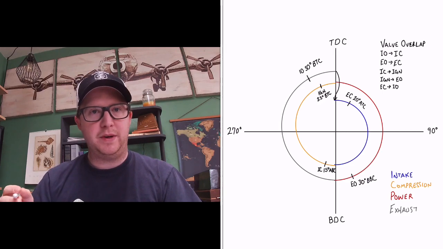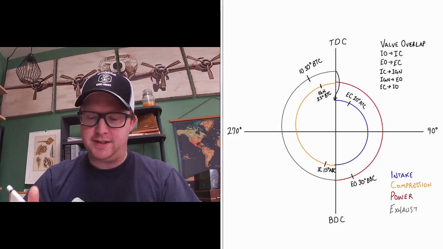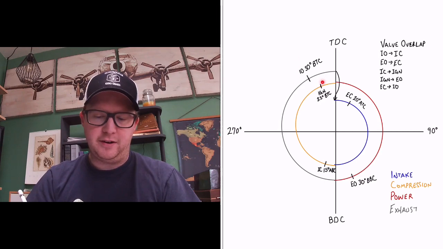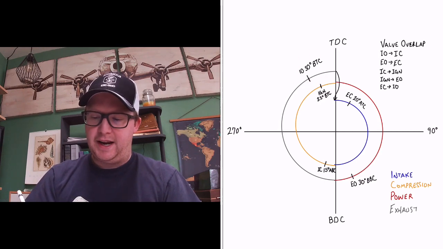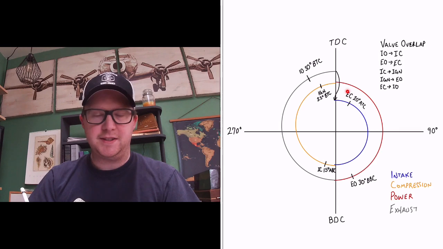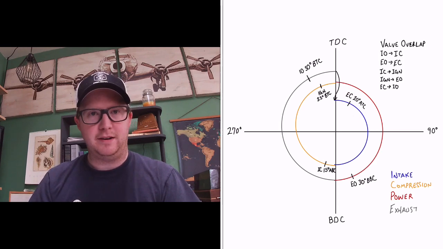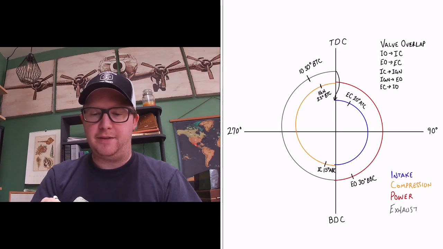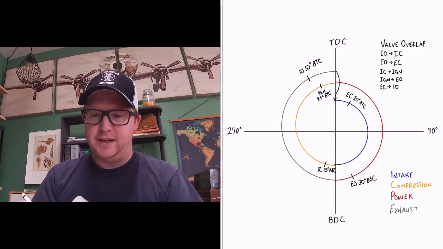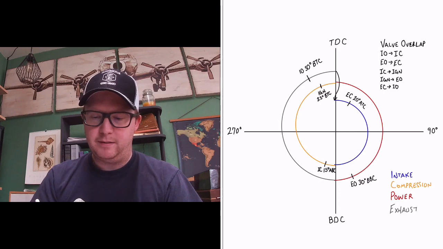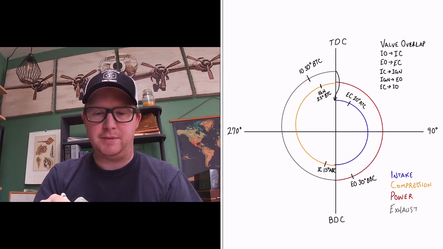That's going to occur between when the intake valve begins to open over here at 50 degrees before top dead center, and when the exhaust valve closes at 20 degrees after top center. That's when both valves are off of the seat. So all we're going to do to figure out what our valve overlap is take this 50 degrees before top dead center and add it to the 20 degrees after top dead center, right?